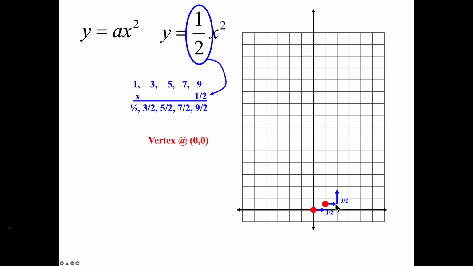And what I like to do is I'll put little tick marks here. I'll go 1 to the right, put a tick mark, and I'll put tick mark, tick mark, tick mark. 1, 2, 3 halves, plot a point. 1 to the right, put a tick mark. 1, 2, 3, 4, 5, put a point. 1 to the right, up 7 halves.